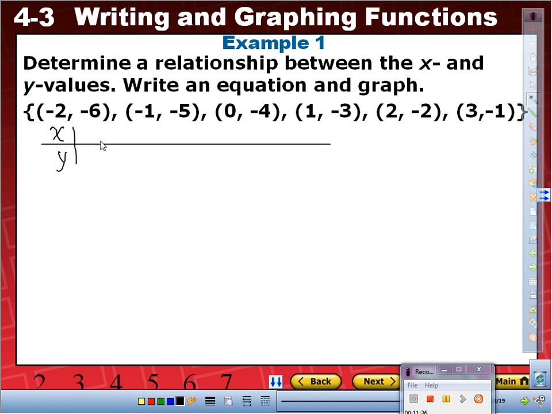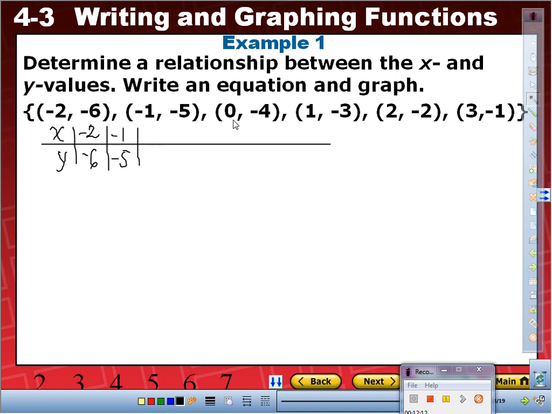So here we go. My first ordered pair, -2 of x, -6 of y, goes right here. -2, -6. Next one. -1, -5. You see what I'm doing? Next one.